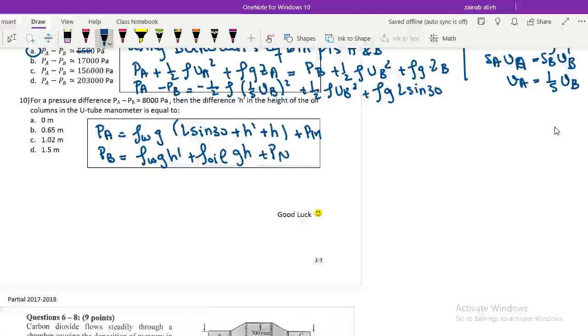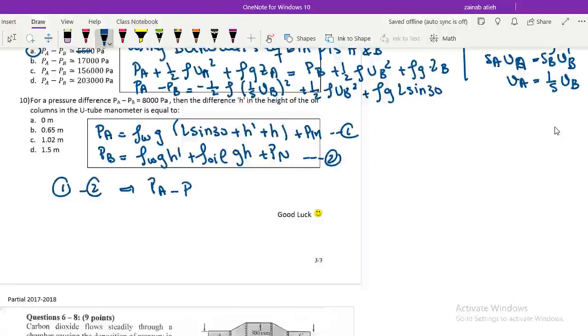Now either you calculate PM and PN and put PM equals PN and then find PA minus PB, or what you do is subtract the two equations from each other. You take the two equations and subtract them, 1 minus 2, and you get PA minus PB, and the PM and PN go away because they are equal.